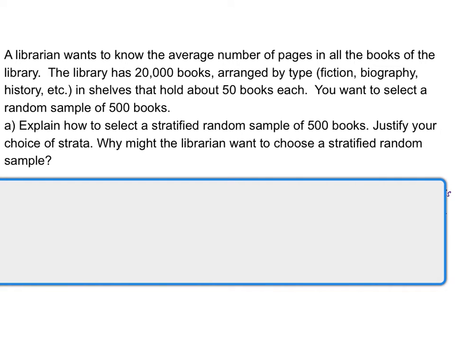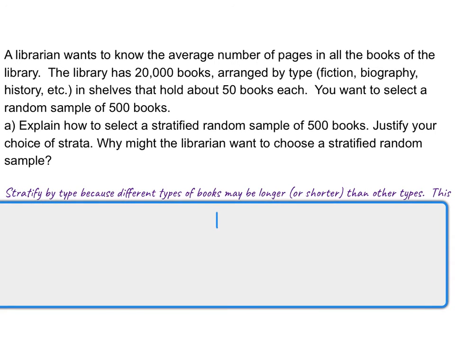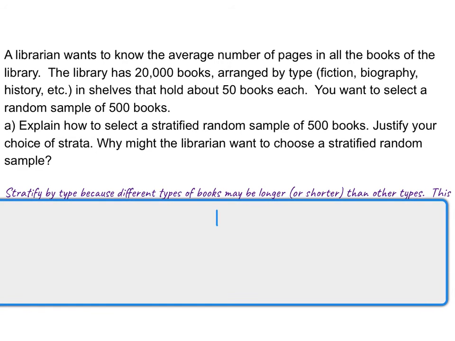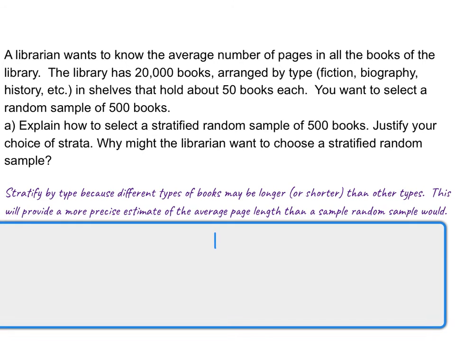Here's one possible answer, and it may not be the only one. What are my strata going to be? They should be the same within the groups. So I'm going to stratify by type, because different types of books may be longer or shorter than other types.